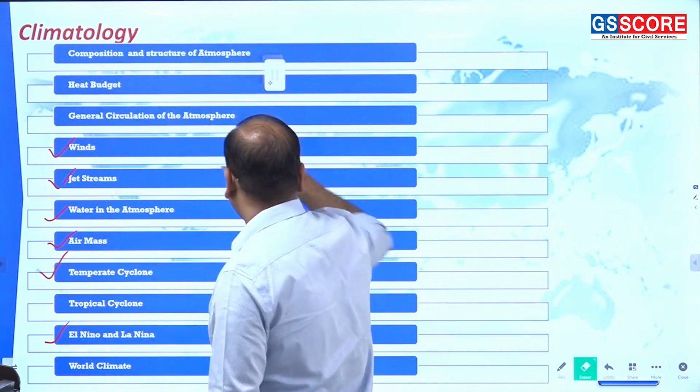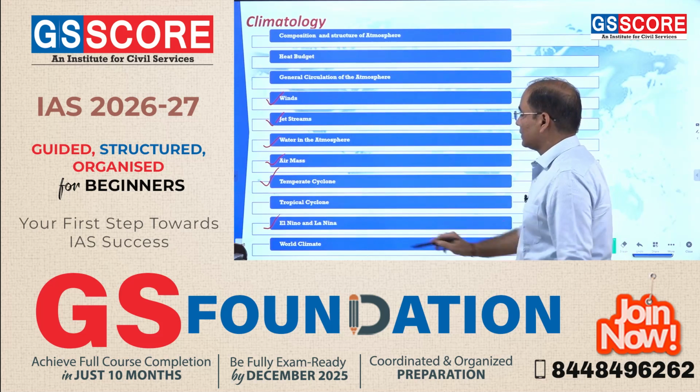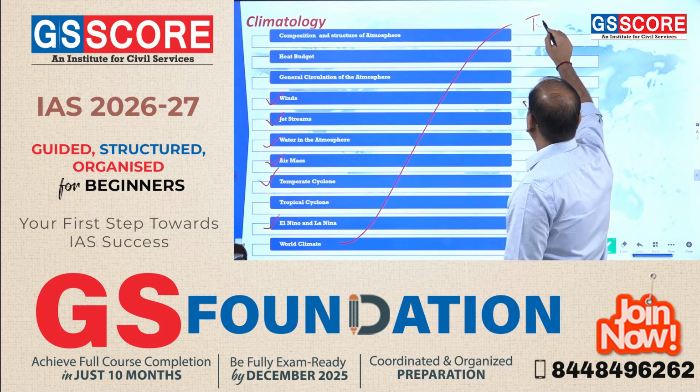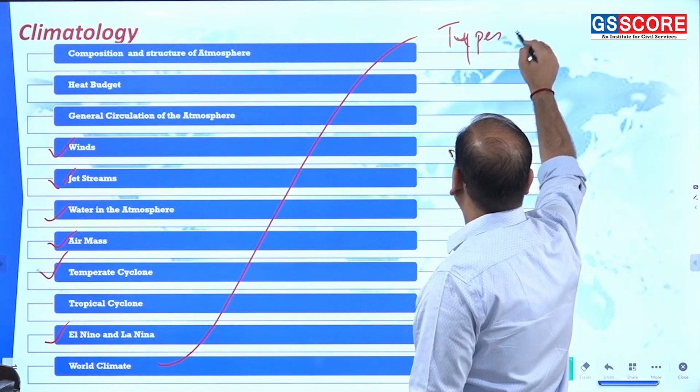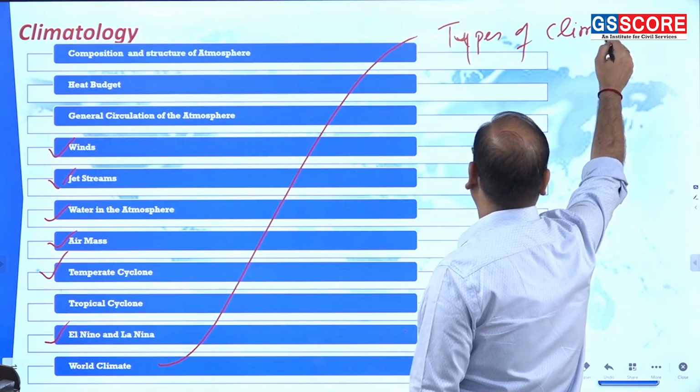there are different types of climate that are present on the Earth's surface. So it is associated with the types of climate.